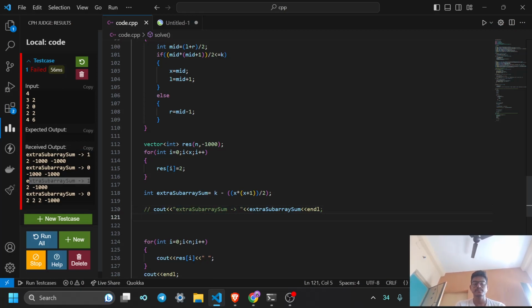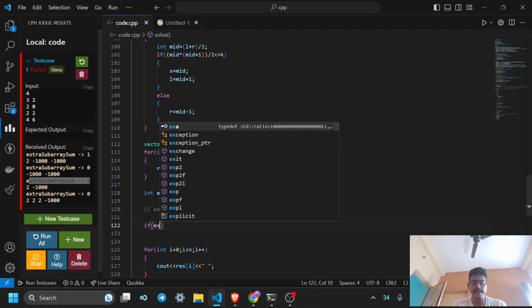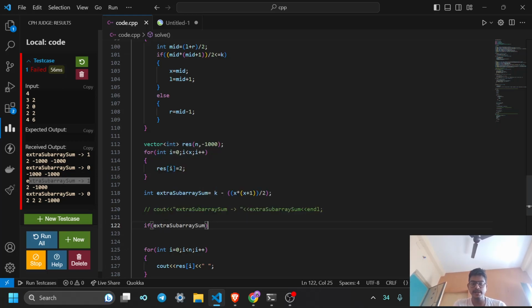I need to add a negative number if my extra subarray sum is greater than 0. The possible extra subarray sum can be from 0 to any number, right? If my extra subarray sum exists, then I need one negative integer.